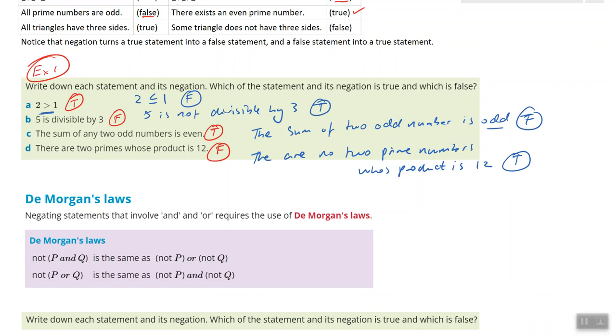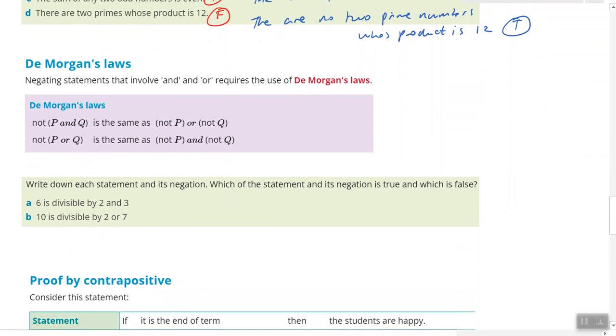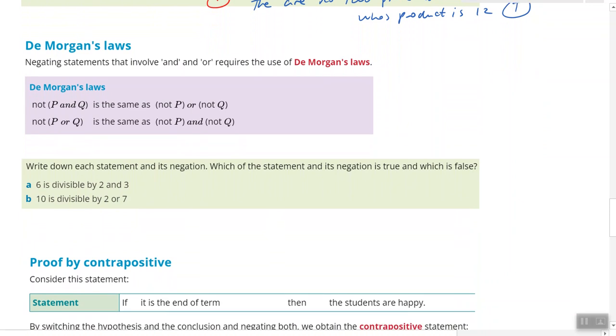All right. So let's go to De Morgan's law. Okay, so when you're negating a statement that involves an 'and' or an 'or', this requires De Morgan's law. So if it's not (P and Q), then it's the same as not P or not Q. Okay, so in set notation, P and Q is the intersection.